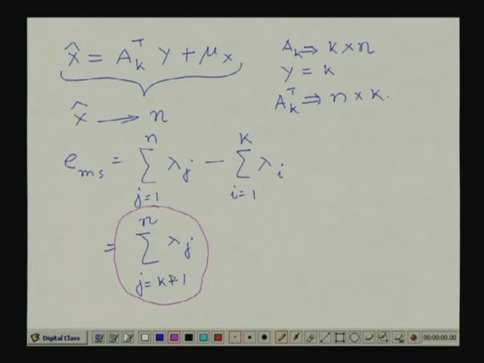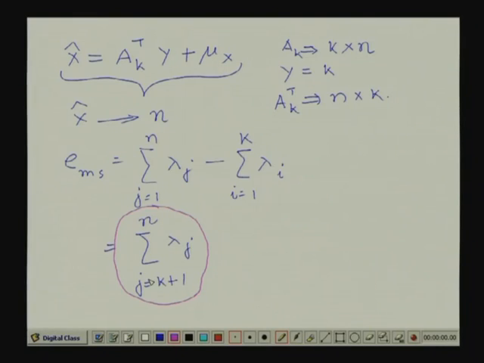And in this particular expression, the mean square error is given by the sum of those eigenvalues whose corresponding eigenvectors were not considered for formation of our transformation matrix A. And because the corresponding eigenvalues are the smallest eigenvalues, this particular transformation and the corresponding inverse transformation ensures that the mean square error between x and x hat will be minimum.